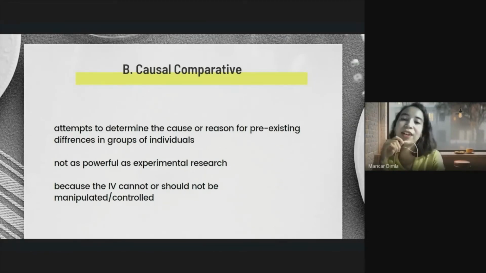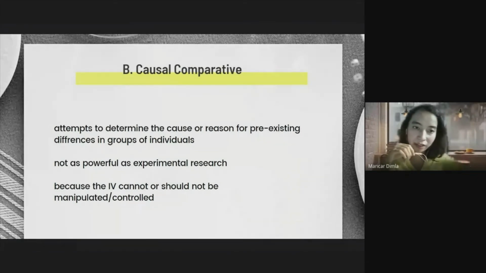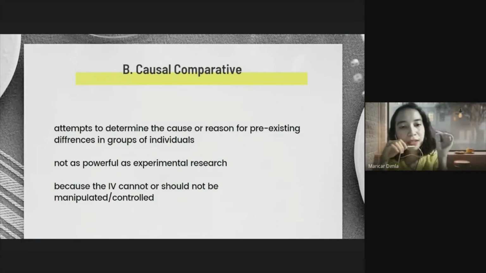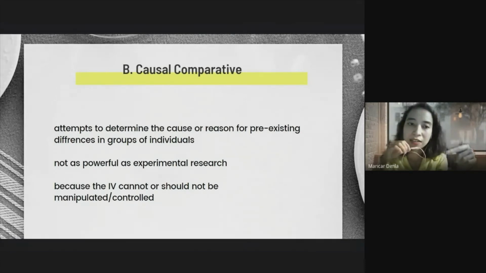Okay? Alright. So now we have the causal comparative, another method under the descriptive. So class, now remember the meaning. In causal comparative, you are determining the cause or reason for pre-existing differences of groups of individuals.